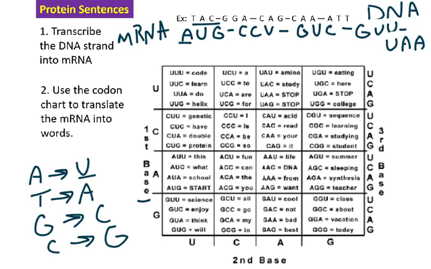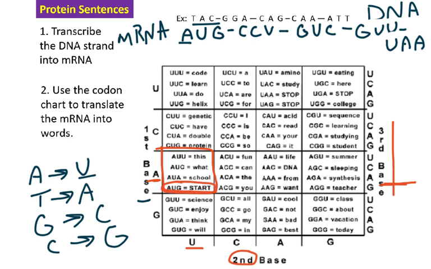So our first base is A. Second base down here is U. So we're talking about this block right here. And then you have to look over here on the side to get the third base. So in this case, it's a G, so that means we're paying attention just to this last line in that box. So that means the word is start.